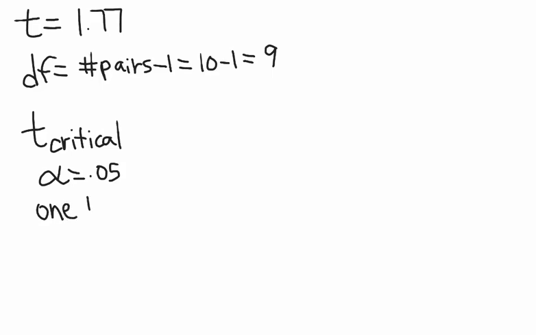We said that there's going to be a decrease in smoking from baseline to follow-up. So now I can go to the back of any statistics book along the tabled values of the t distribution, and for an alpha of 0.05, one-tailed test, you'll see that the critical value of t is 1.83.